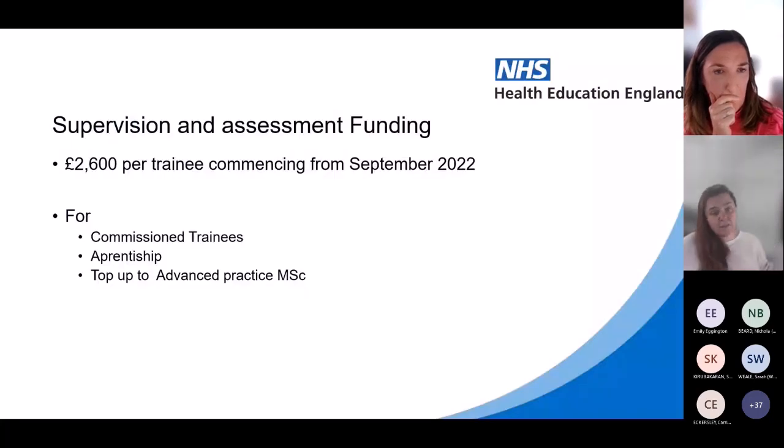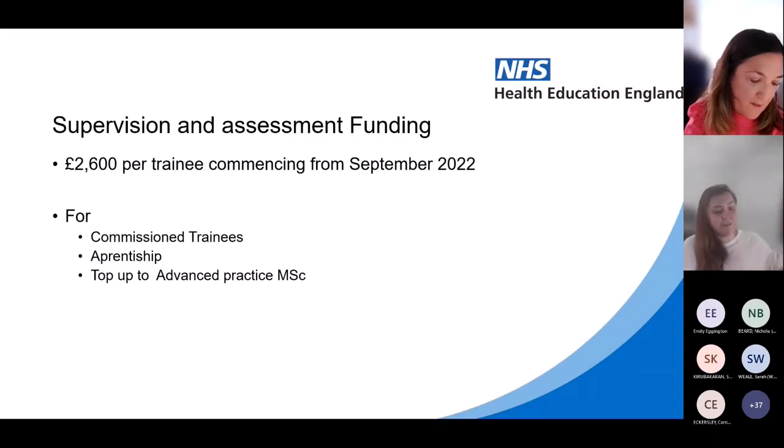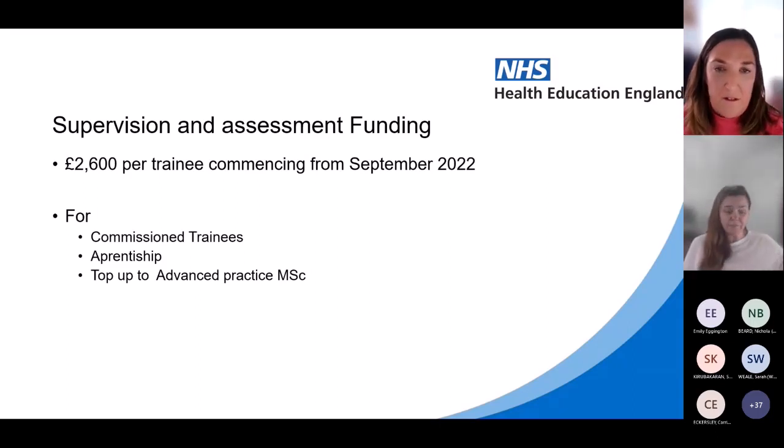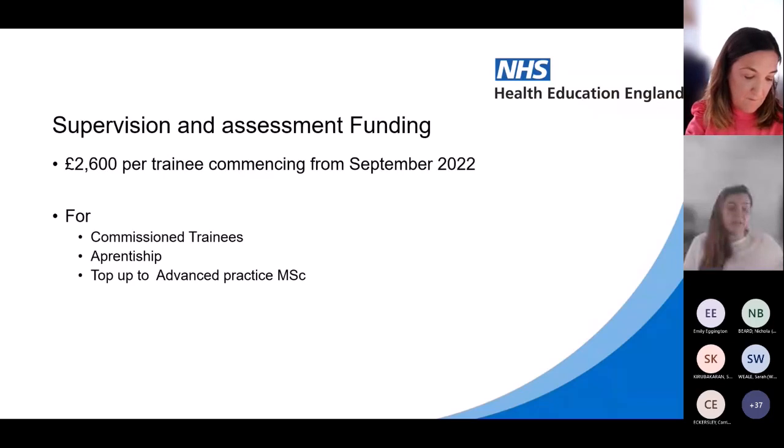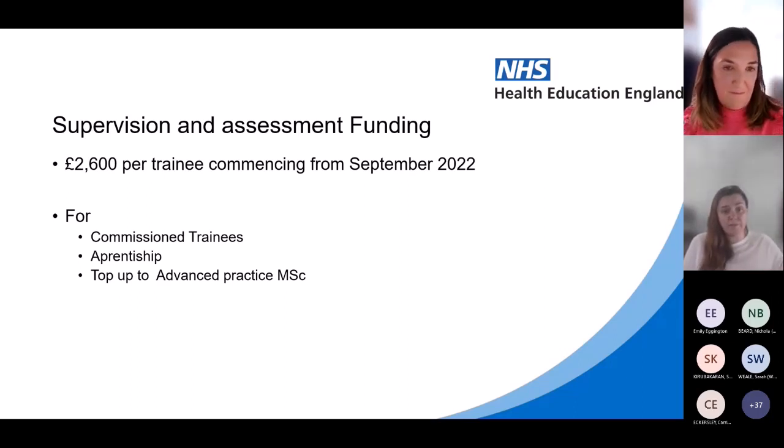And along those lines, and to support the supervision, the Midlands region has recently been in receipt of supervision and assessment funding, which is starting for all trainees from September 2022, so the current trainees and those going forward, and it's £2,600 per trainee commencing from September. And it's for commissioned trainees, apprenticeships and top up to advanced clinical practice masters.